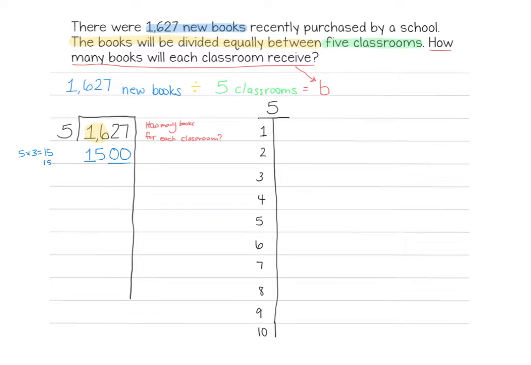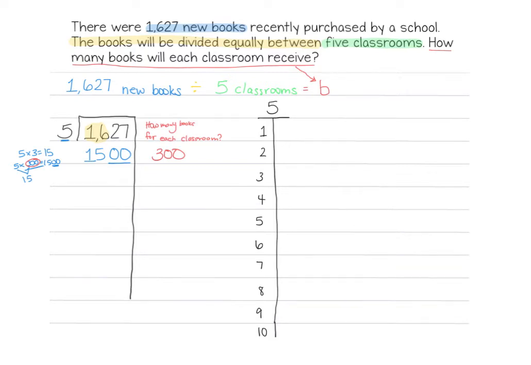So 1,500, we have to keep 5 the same because it's the divisor. 5 times what equals 1,500? Well, we know that 5 times 3 is 15. And then we need a 0 in the ones place and a 0 in the tens place. So we know it has to be 300. So 300 groups of 5 is 1,500. Each classroom will receive at least 300 books.